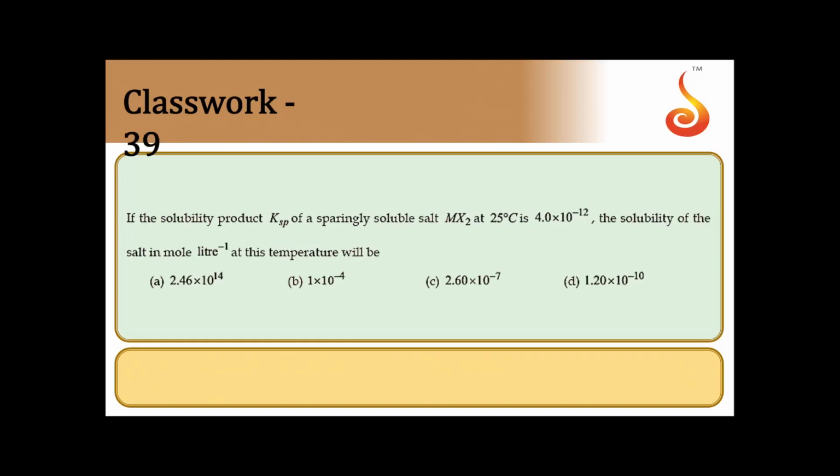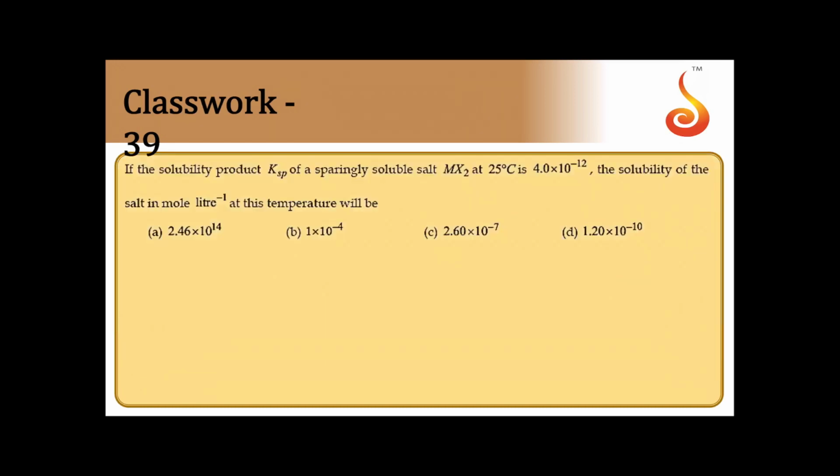Then the 39th one. KSP of a sparingly soluble salt of MX2 is given as 4.0 into 10 power minus 12. What is the solubility of the salt? So KSP is given to us. They're asking the solubility, and the salt is of MX2 type as in the previous question itself. Therefore, the solubility product of MX2 type is equal to 4s cube. So 4s cube is given to us in the question as 4.0 into 10 to the power of minus 12.